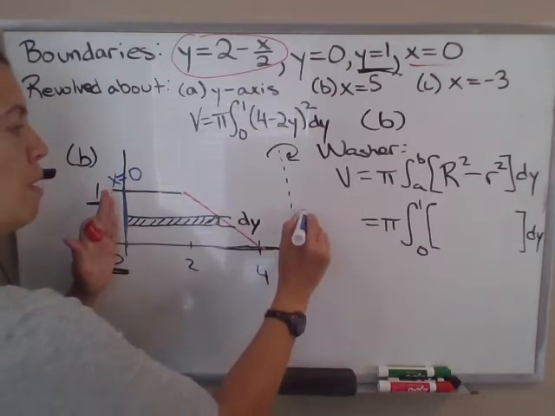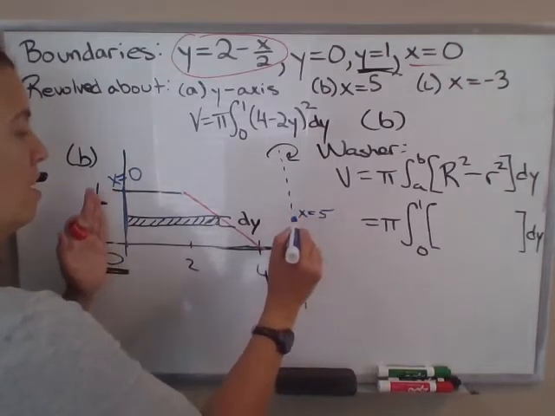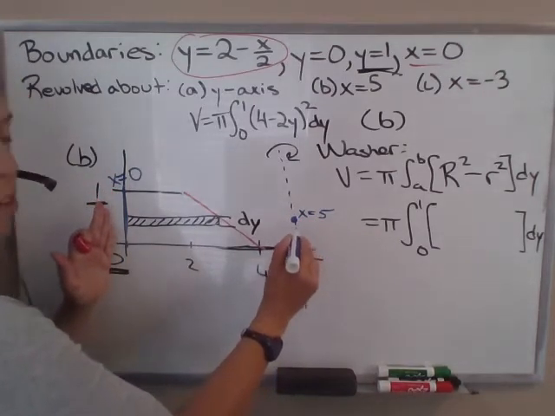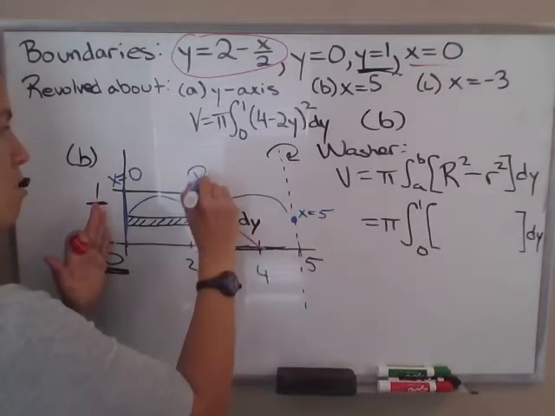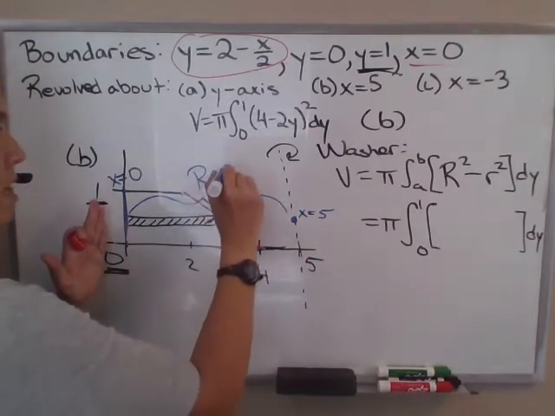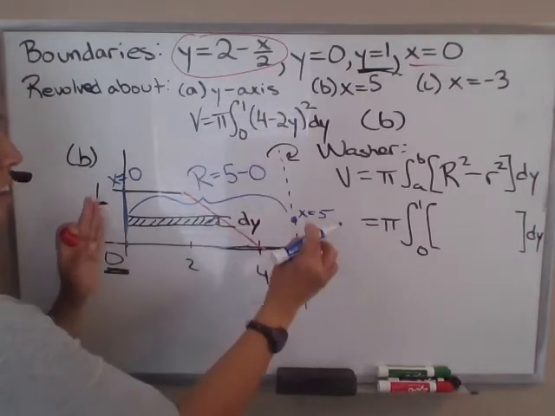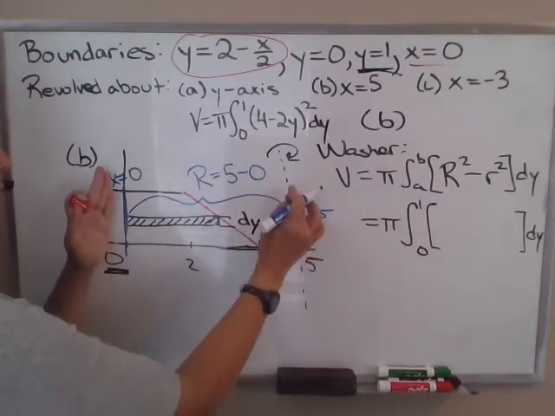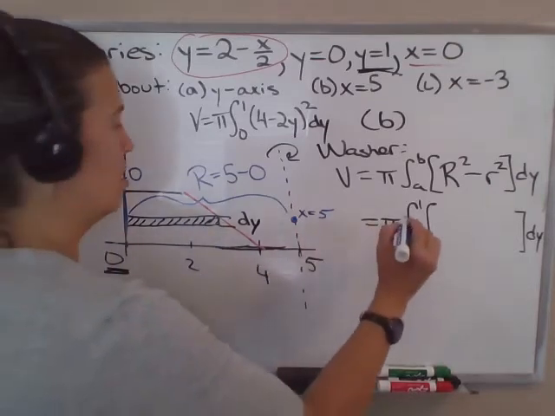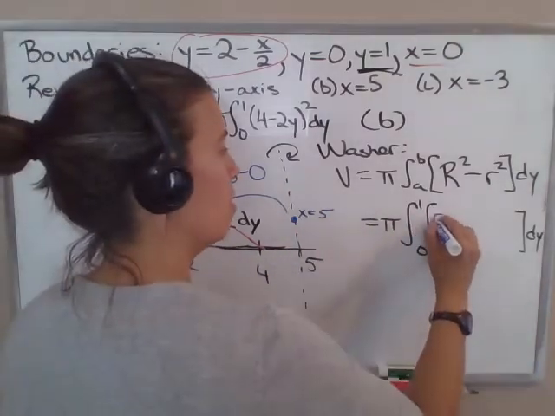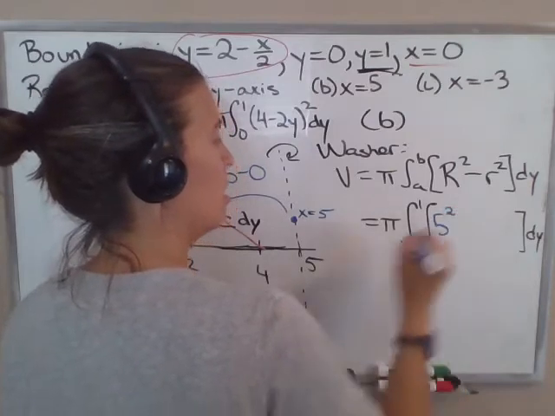We're revolving it about the line x equals 5. So the difference between those values, this distance right here, is your outer radius, your big R, and then just do right minus left. It's a constant outer radius of 5. When you've got a flat outer edge like this, you will get a constant for your radius. So in this case, 5 squared for the outer radius.